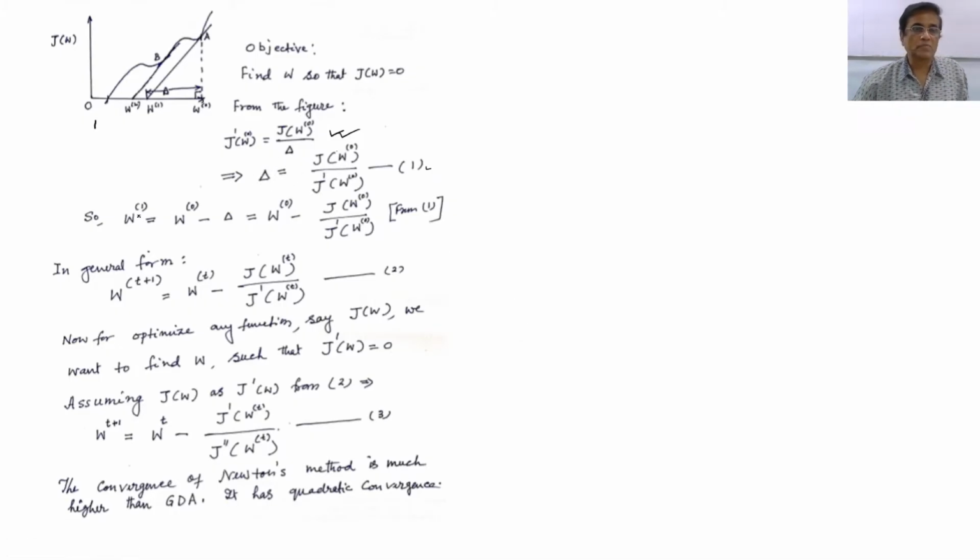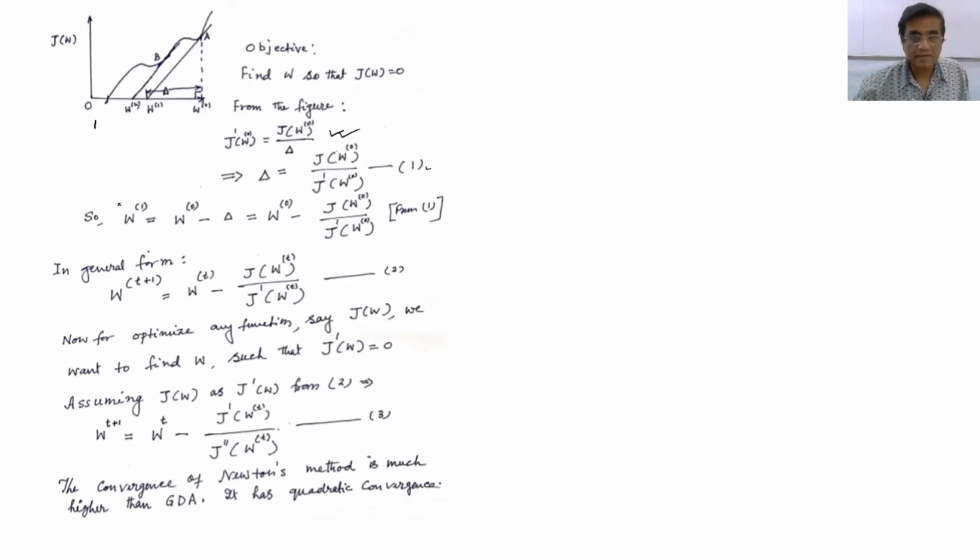Now in general form, we have the rule, okay. So W1 equals W0 minus delta. In general, then Wt plus 1, so this is 1 more than 0, right. So Wt plus 1 equals Wt, that is just like this.